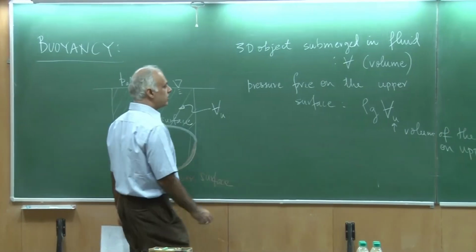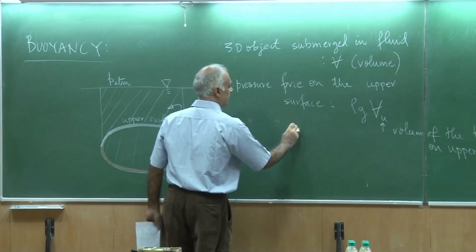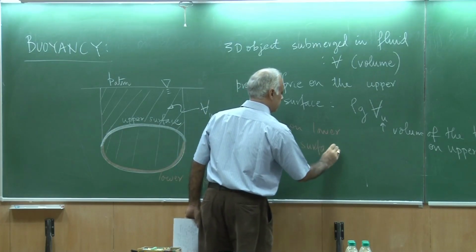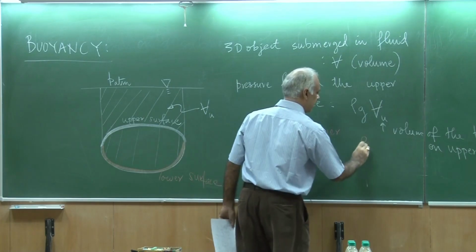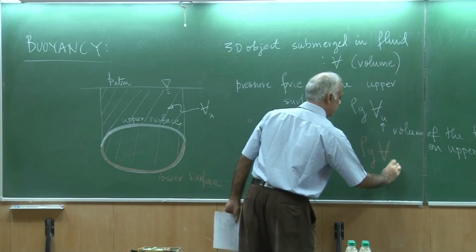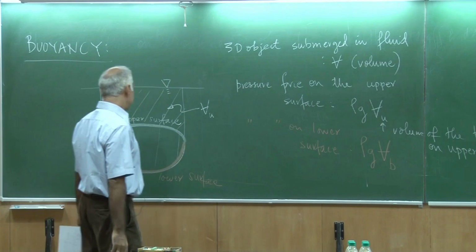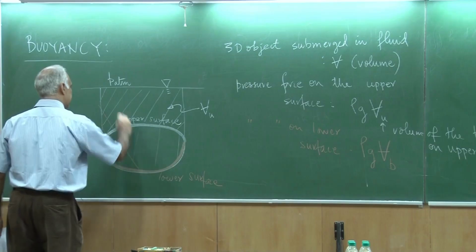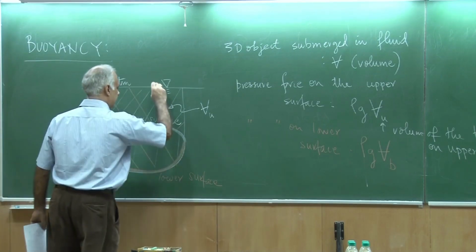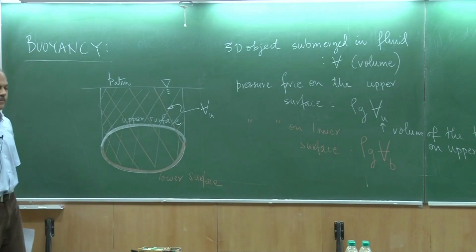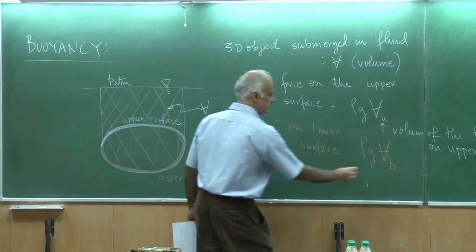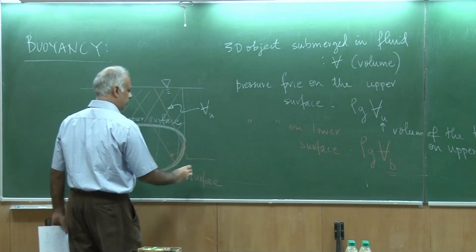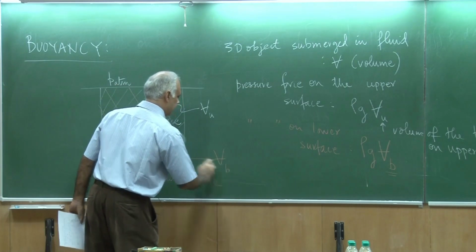Now I could talk about the pressure force on lower surface, and that would be given as rho g V bottom, and that would be this prism. So this region is the bottom surface.